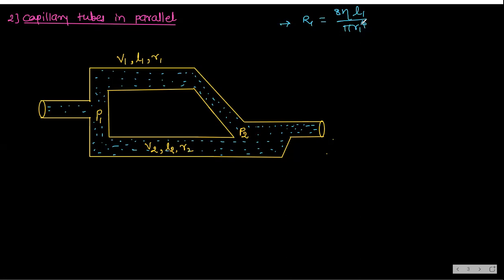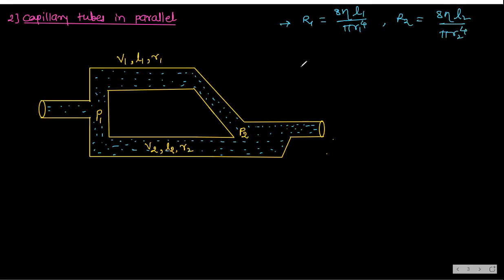And then R2 is equal to 8 eta L2 divided by pi R2 power 4.